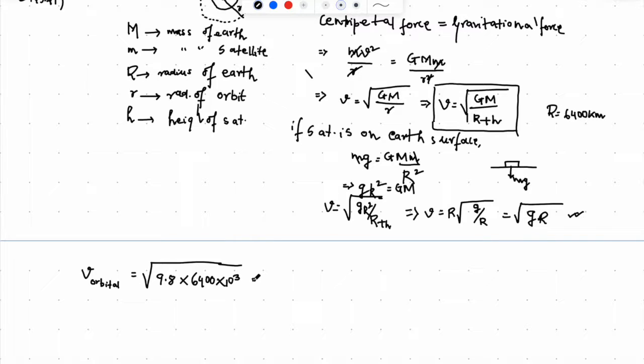So that means this is going to give me the result. If you do the approximate calculation, it would be 8 kilometer per second. This is the orbital speed of any satellite which is there, but the condition is it is near Earth's surface, near Earth surface.